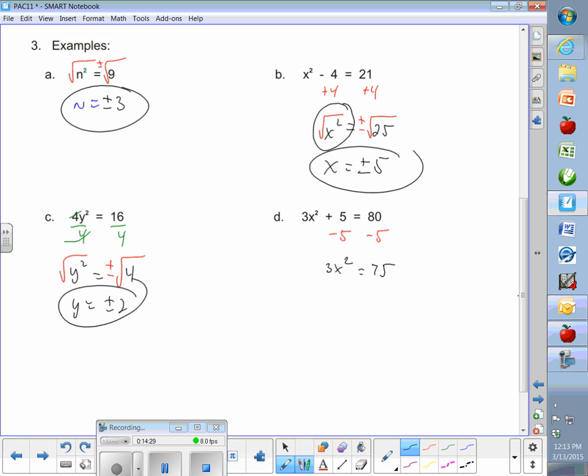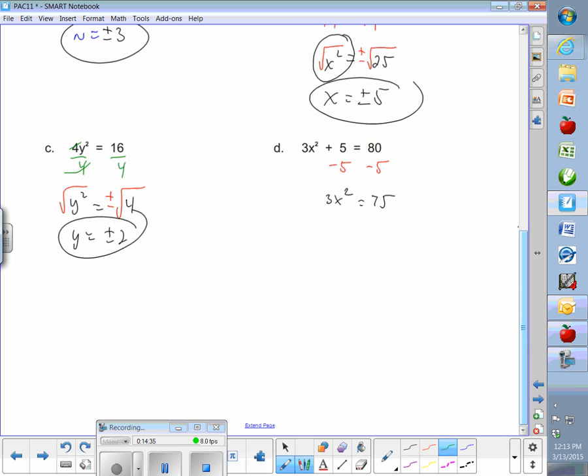What is next? Byron, what do you want to do next? All right, Byron says I got to move that 3 away from the x squared. I'm going to divide both sides by 3. Good assessment. Again, I'm going to be careful and leave myself room.